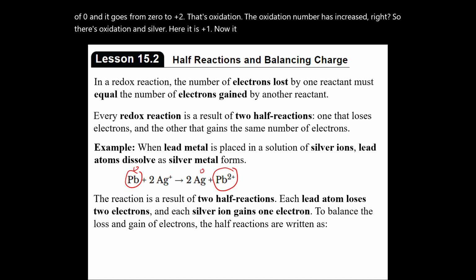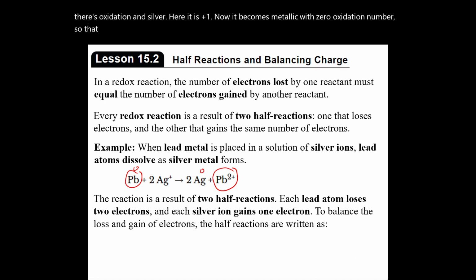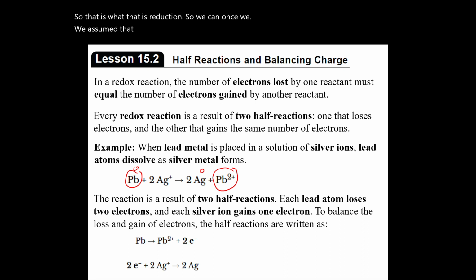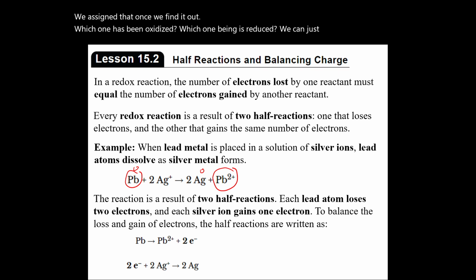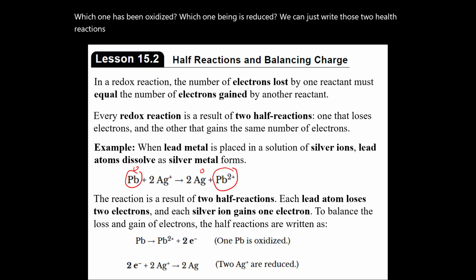Now it becomes metallic with 0 oxidation number. So that is a reduction. Once we find out which one is being oxidized and which one is reduced, we can just write those two half reactions. So in the first one, that's the oxidation. Metallic lead gives off 2 electrons, becomes lead 2+.